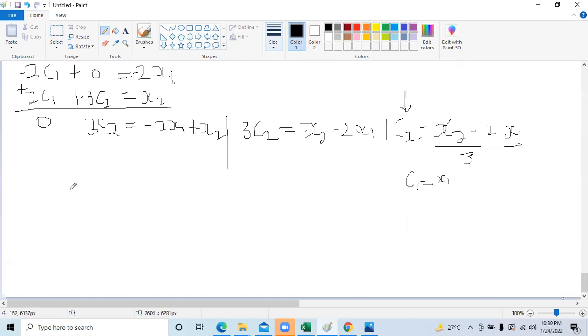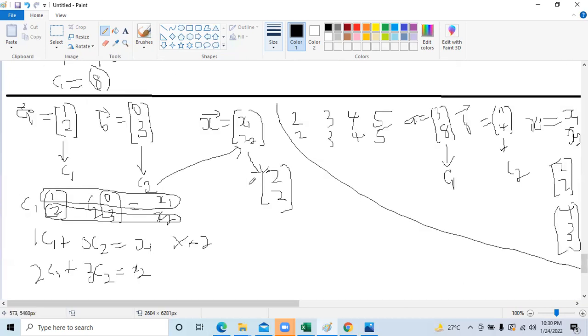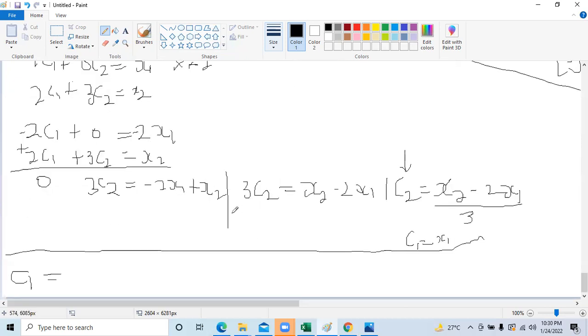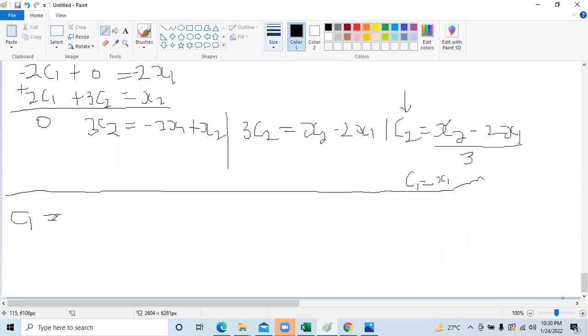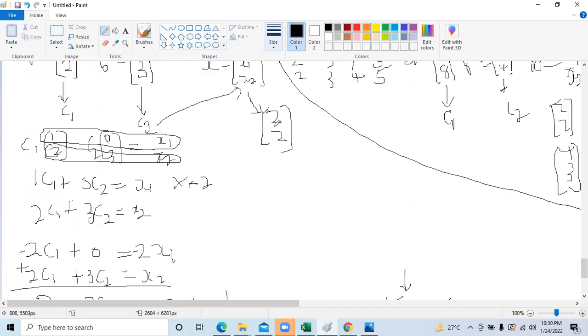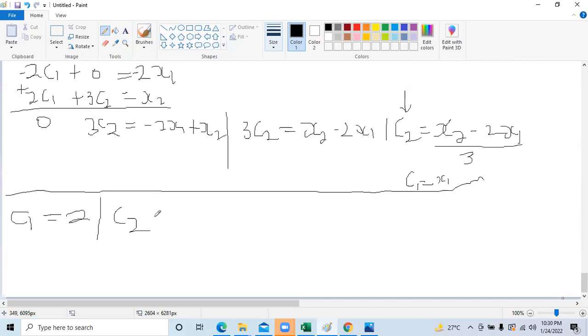Of course, this example already makes it easy because C1 equals X1, and X1 is 2. So C1 equals 2. C2 equals X2, which is 2, minus 2X1.